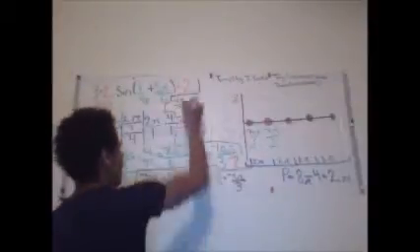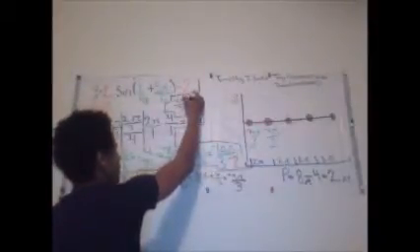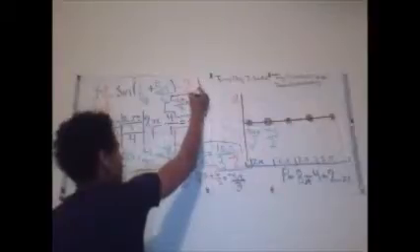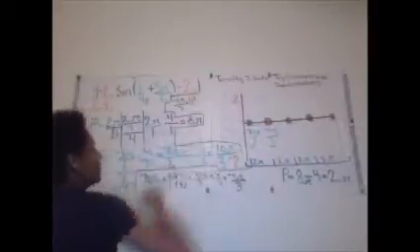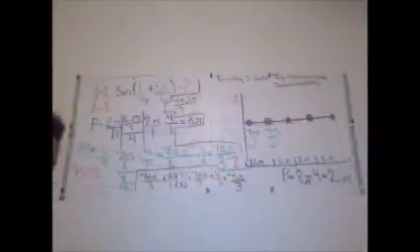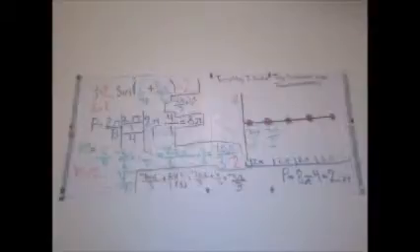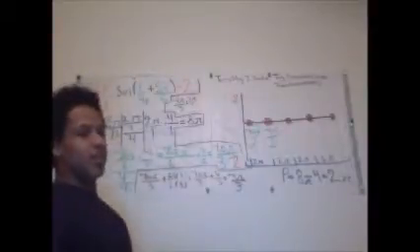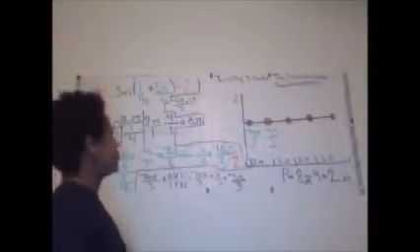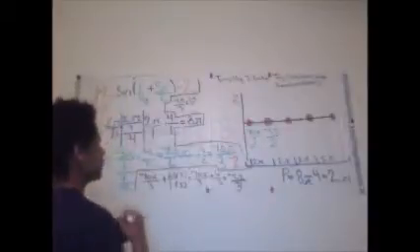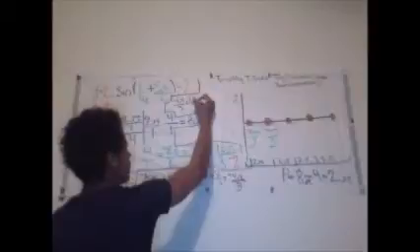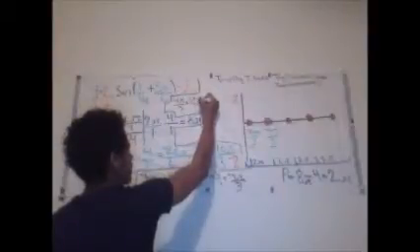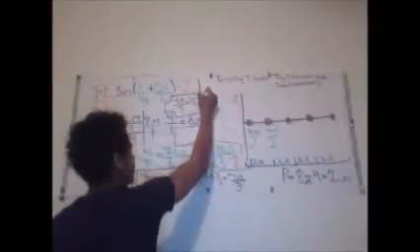We have 2 pi, plusing it, 2 pi over 1. Can you guys find out what that equals? Well, what do you need to do if you want to add or subtract? You're correct. You want the denominators to be the same. 3 and 3. So, 3 and 3.